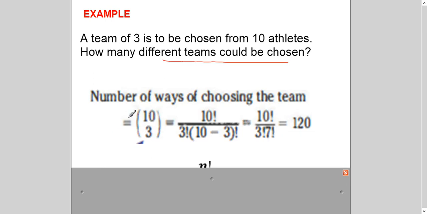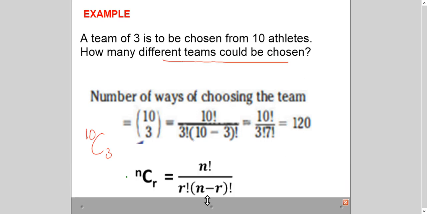In the formula sheet, you will find it like this rather than like this. So this has the same meaning. And after that, we are applying the formula 10 factorial divided by 10 minus 3 factorial into 3 factorial. You can use the calculator. You don't need to show all this in your paper. This is here just to explain it to you. Because if a letter is used here instead of a number, then you should know how to expand it and how to simplify it.